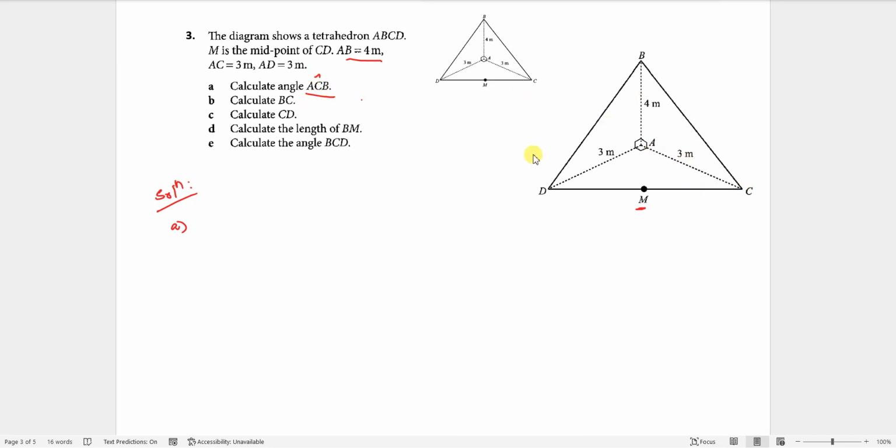So A, C, and B. Let's draw the diagram to make it simple. Okay. So we have B here, we have A here, and we have C here. As you have noticed that 90-degree right angle is marked in each place. So this is right angle.